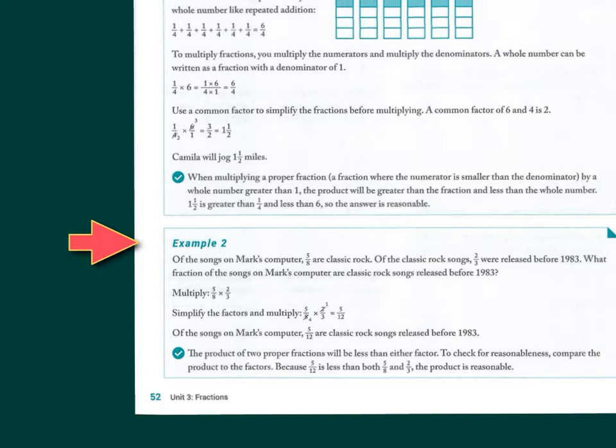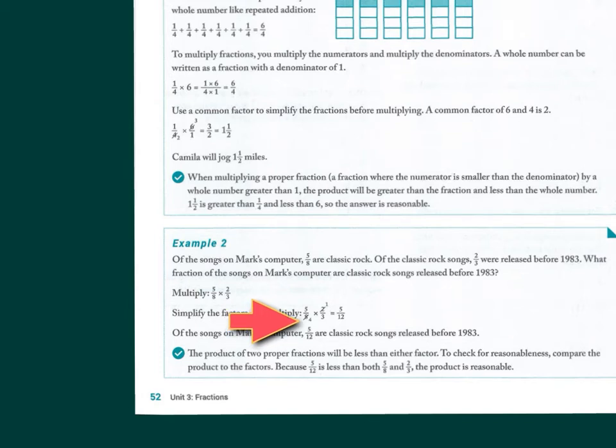So now we're going to multiply 5 over 8 times 2/3. Again, it is showing us how to simplify. We simplify the fraction and multiply, and we know our common factor between 2 and 8 is going to be 2 again. So 2 will divide into 2 1 time, and 8 will divide by 2 4 times.